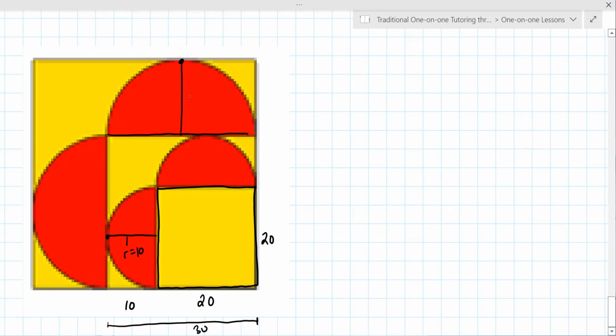That makes this 15, or this one's 15 if you prefer, because it's the same as this. So the whole thing is 45.